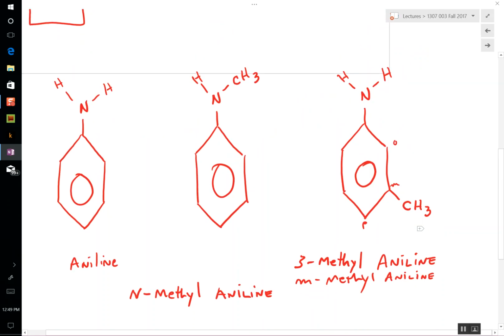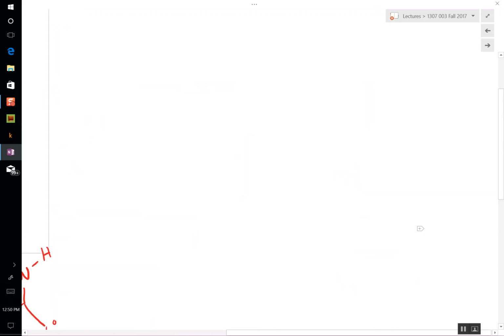Now I just want to make it clear, I'm not just using this because we're dealing with aniline. Let me give you another molecule to show you that when you have a substituent on the nitrogen, you use a capital N, just like you would use a number to say where something else is.